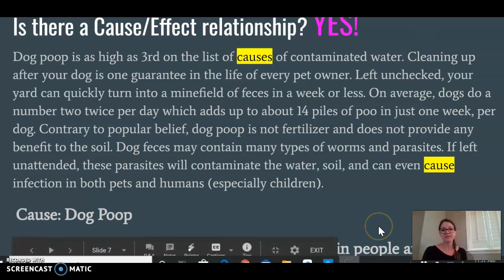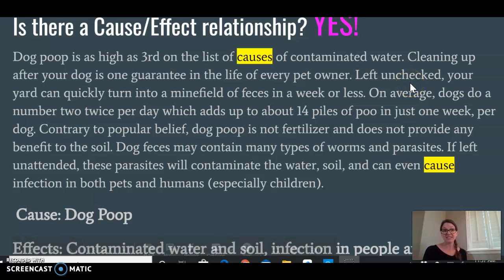The cause is, unfortunately, the gross dog poop, right? Essentially, that's the problem. And what does that dog poop lead to? It leads to the gross effects of contaminated water and soil and potentially infection in people and pets. So the dog poop is the cause of the problem, and the effects, or the problem it causes, is contaminated water and soil or infection in people and pets.